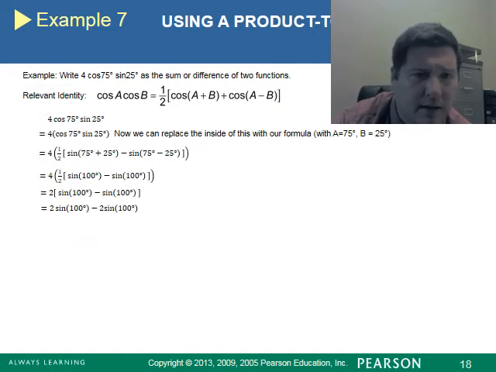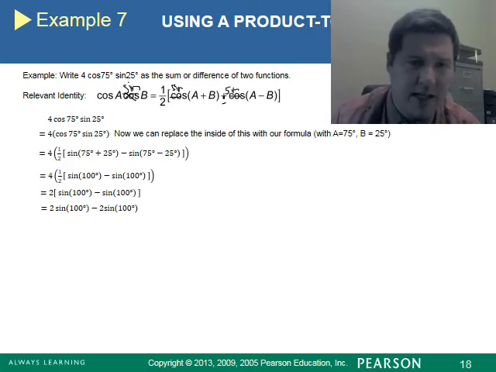For sine, when this is a sine, then these are both sines. And in between them we're subtracting. Wow, that's a mess.